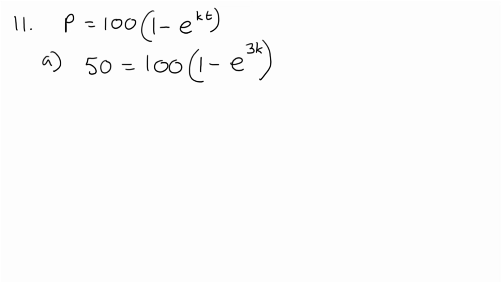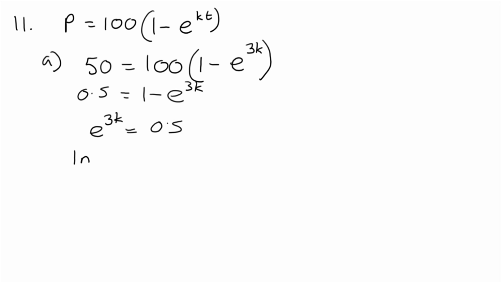So all we do is tidy this up and take the ln of both sides. So 50 divided by 100 would be 0.5. I'm going to move e to the 3k to the other side and make it positive. I'm going to add it on to the left, and then I'm going to subtract the 0.5 off the 1.